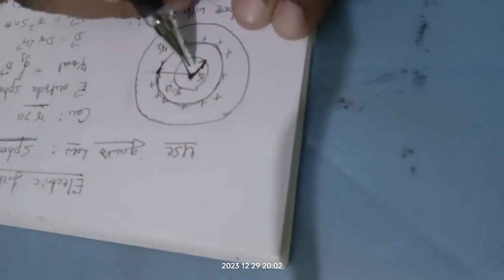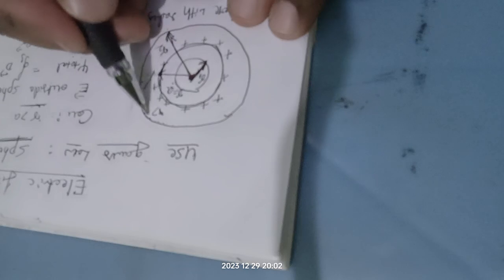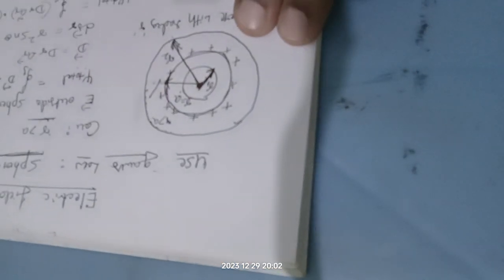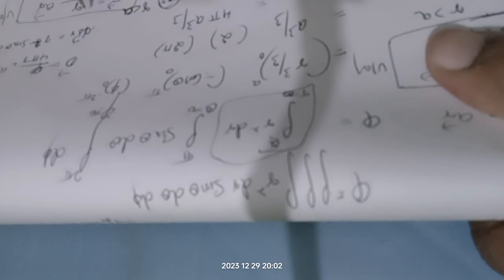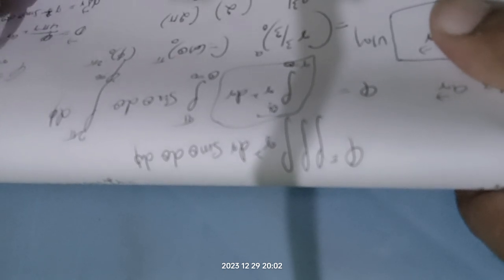If you understood this diagram very carefully: r greater than a, this part; r less than a, this part. For r greater than a, take 0 to a in this volume integral, and for r less than a, take that Q is equal to the triple integral, r equals 0 to r only. The rest is the same, theta 0 to pi, and phi 0 to 2 pi. If you do this dr d theta d phi, you will get the same result, and the only thing is this difference.